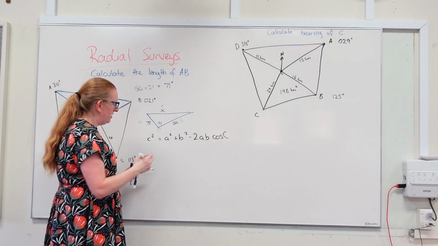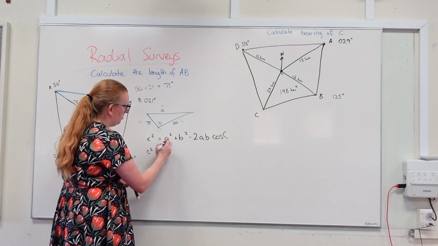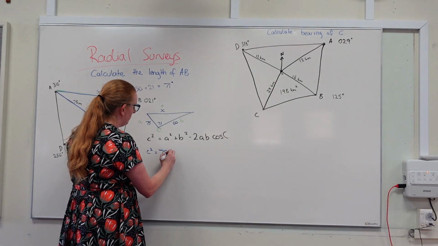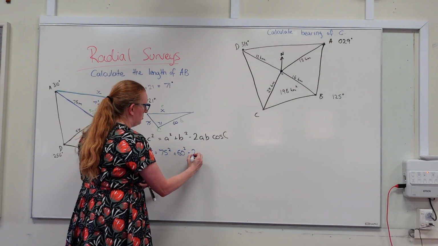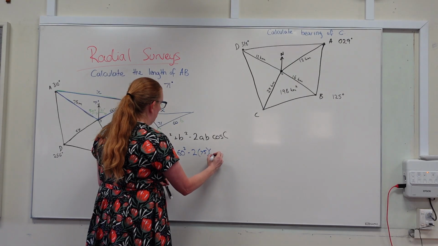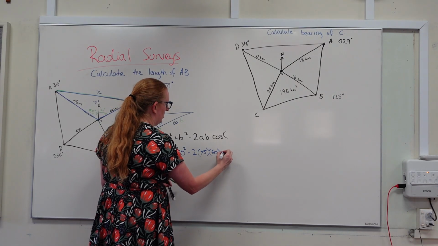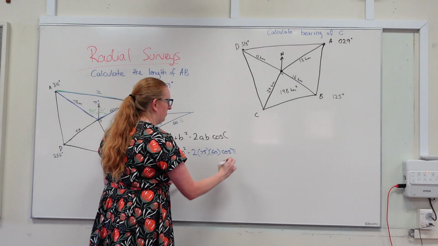So into my formula, I've got c squared equals a is 75 squared plus 60 squared minus 2 times 75 times 60 cos C, where C is 71.